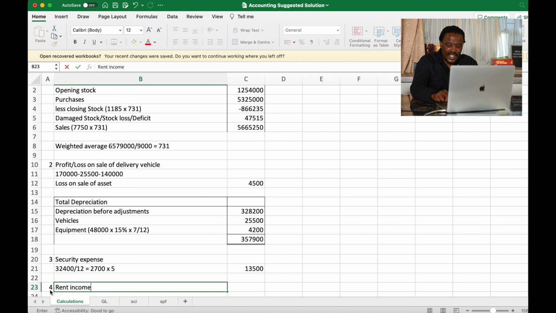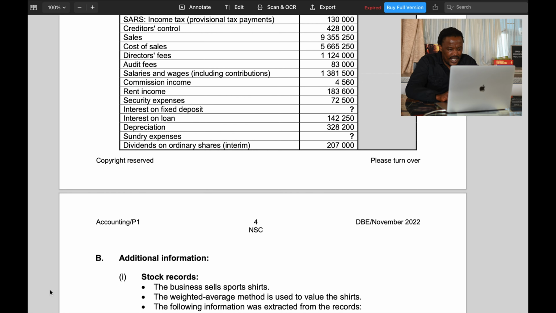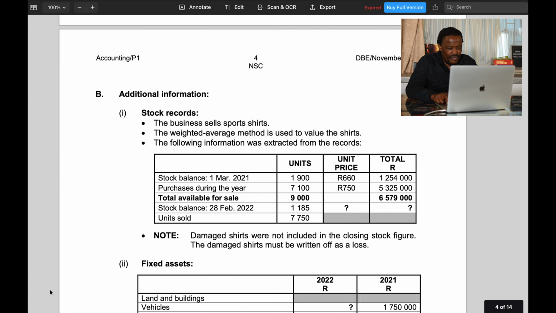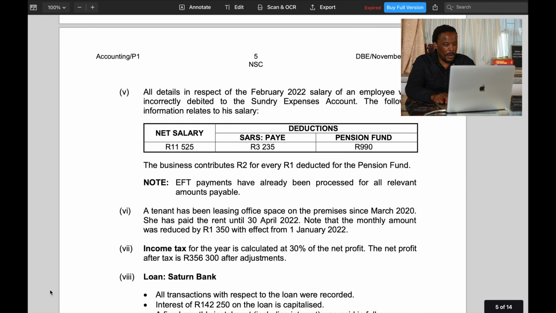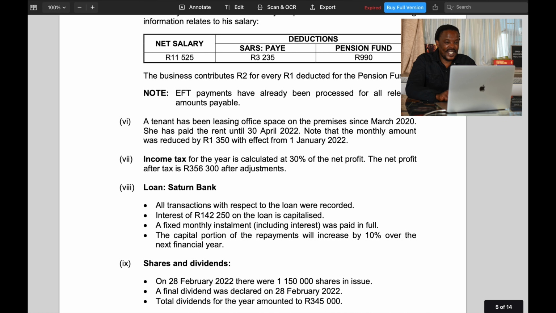Let's look at the question and determine how much is the amount. The tenant has been leasing office space since March. She had paid the rent until 30 April. Note that the monthly amount was reduced.